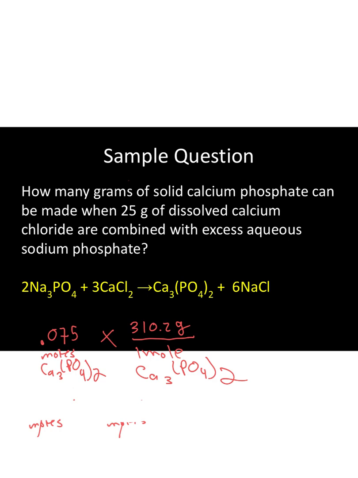And oh, I forgot, canceling out the moles of calcium phosphate, and I'm going to get the grams. And I got 23 grams of the calcium phosphate. And there's my answer.